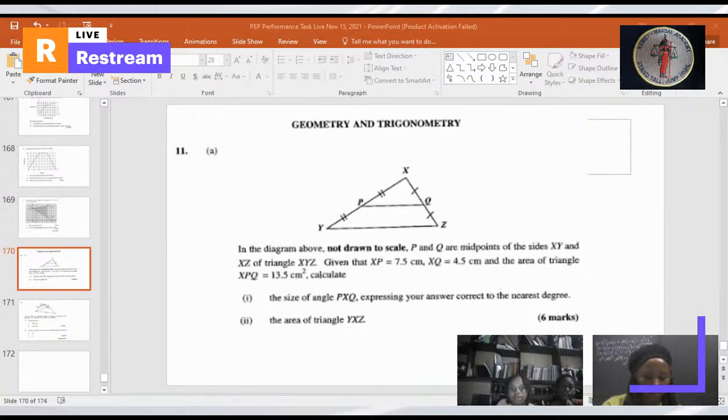Wait, we know that XP is 7.5. Oh, but it's not a right angle triangle. Miss, do we not need to know what the angle of P, X, and Q is, like the angles themselves?